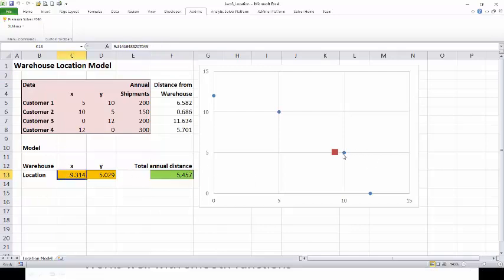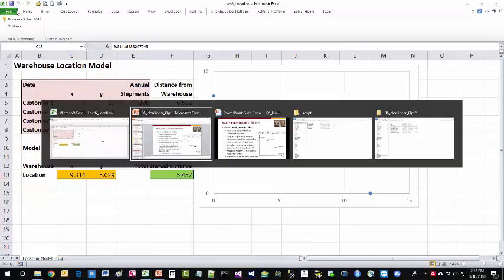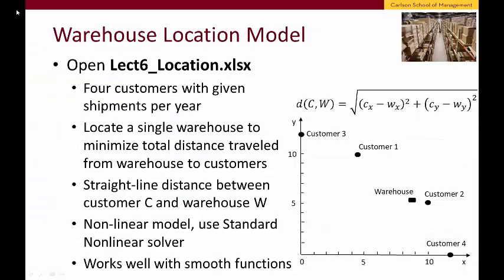It will actually place the location very close to customer number 2, right here, and for the total distance, at the location 9.3, about 5. So that should do it for the location model. Let's switch back to the presentation and pause.